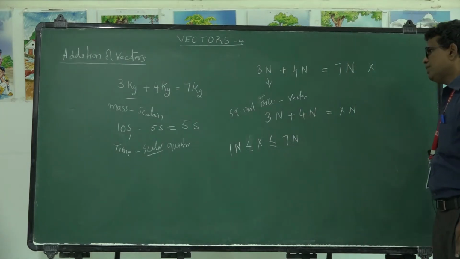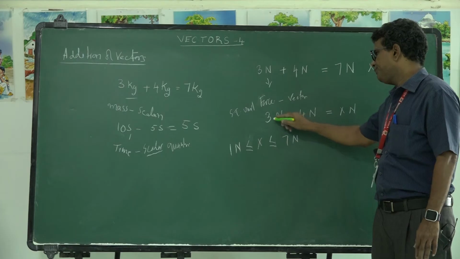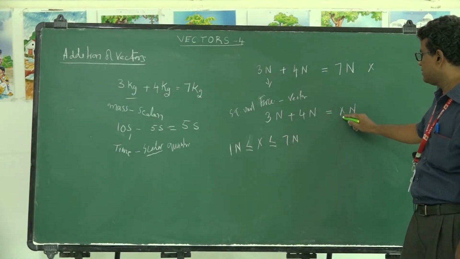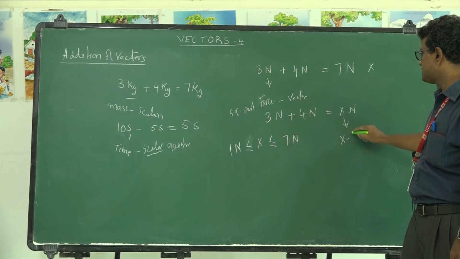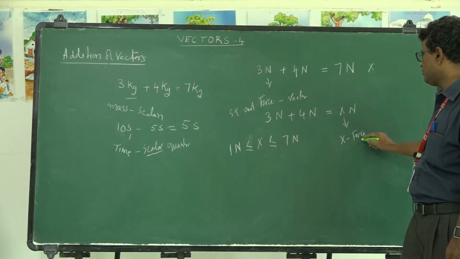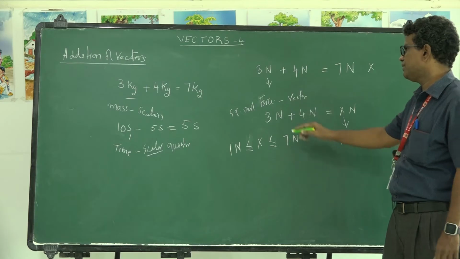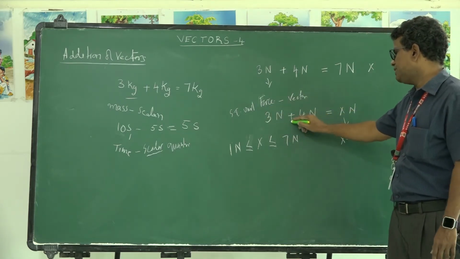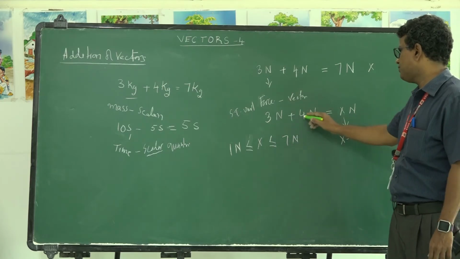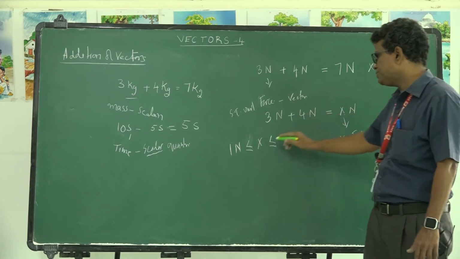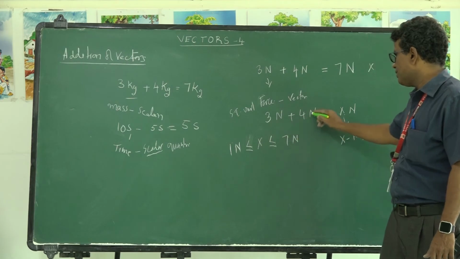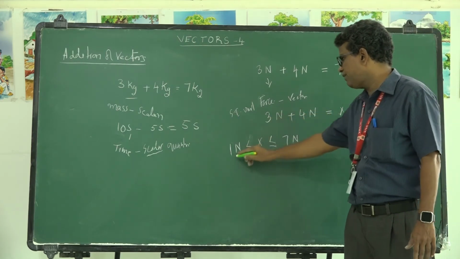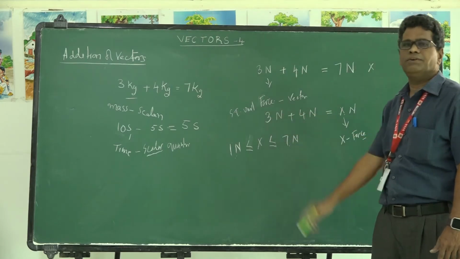So if you add 3 newtons and 4 newtons, you will get x newtons. The value of x should also be a force, from the principle of homogeneity. Its value should lie between 1 newton and 7 newtons: 4 minus 3 is 1, 3 plus 4 is 7 newtons.